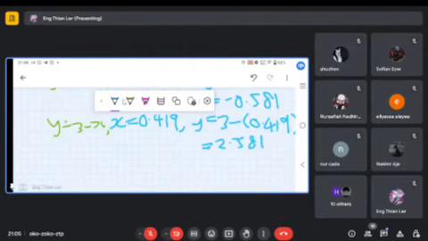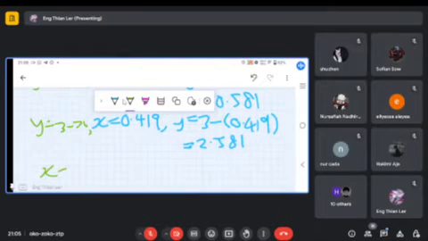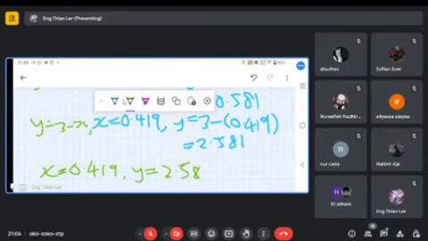So for conclusion, x equal to 0.419 and y will be equal to 2.581.